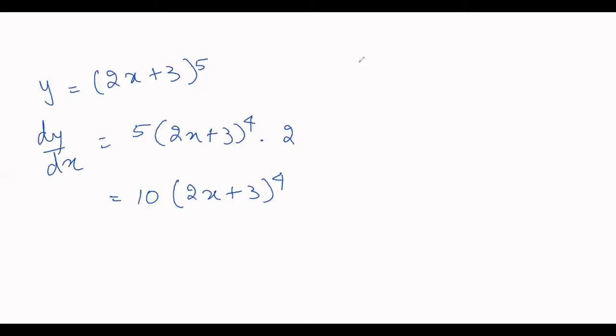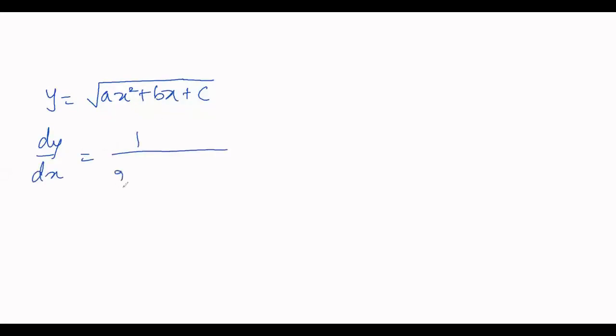Next question. y is equal to square root of ax squared plus bx plus c. So dy by dx is equal to differential of root x, which is 1 by 2 root x. So in this case, 1 by 2 root of (ax squared plus bx plus c) into a is a constant, differential of x squared is 2x, plus b is a constant, differential of x is 1, plus differential of c is 0.